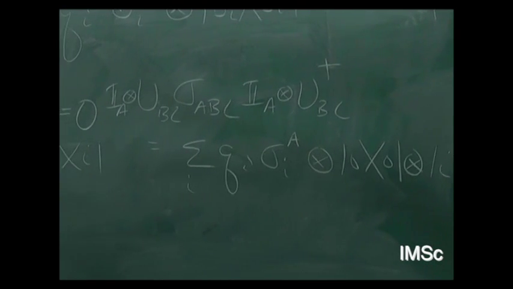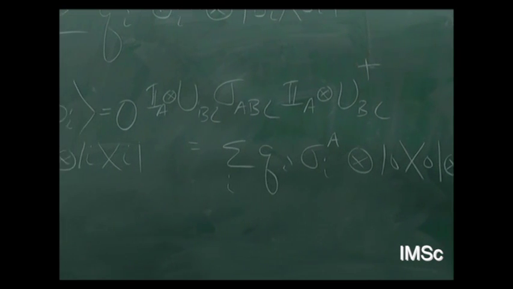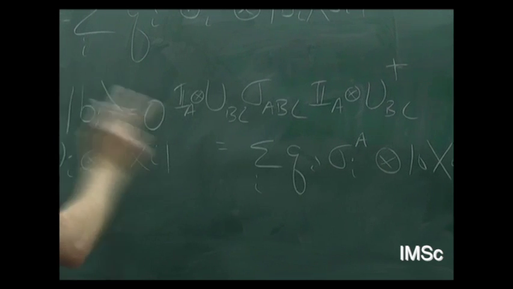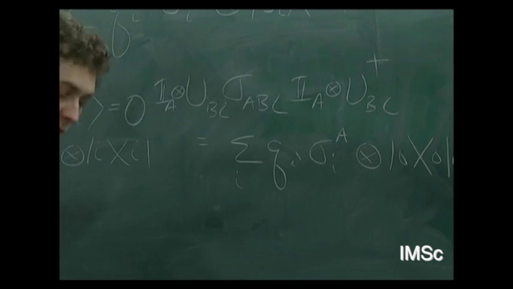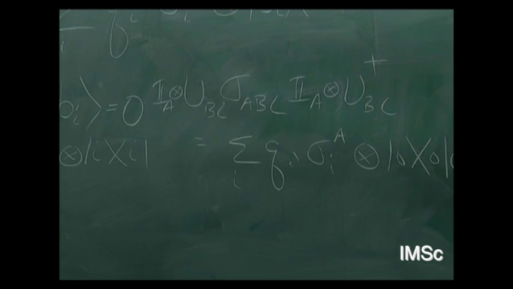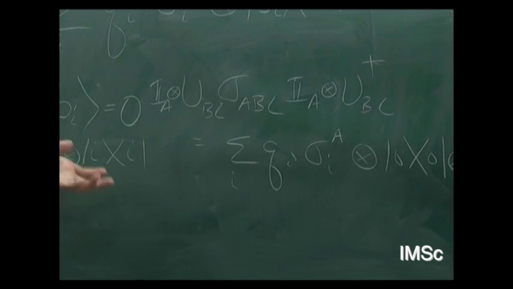Right? And now, observation 1 is these two states have the same entropy. And observation 2 is if I take a pure state and append it to a state, that doesn't change the entropy either. So they have to have the same entropy.